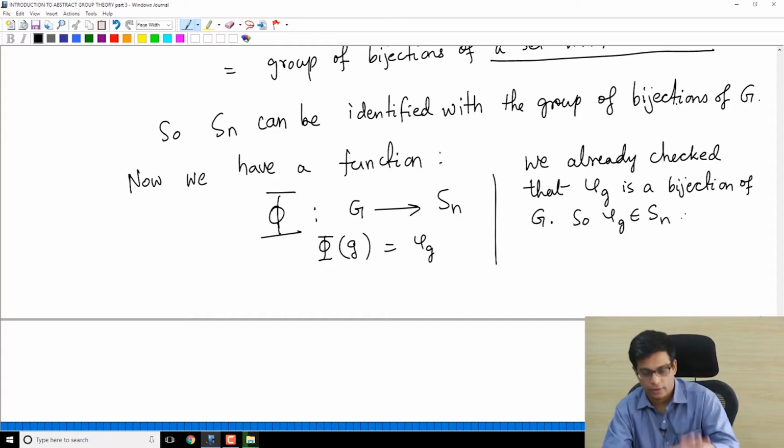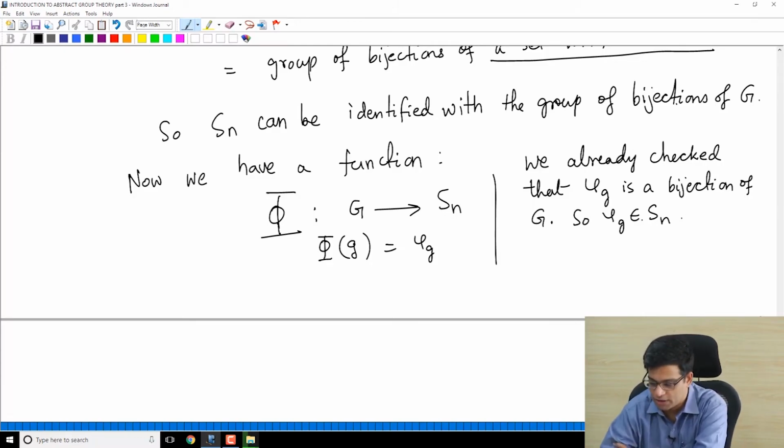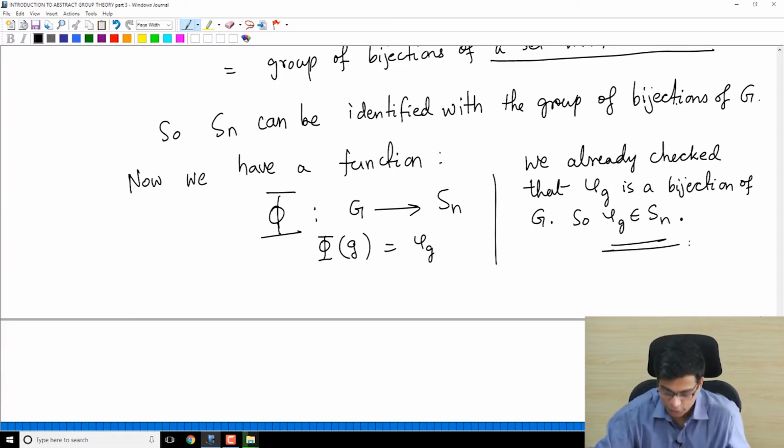Because for the purposes of this theorem, we are thinking of Sn as the group of bijections of G itself. So phi g being a bijection of G is an element of Sn. So I am sending g to phi g.